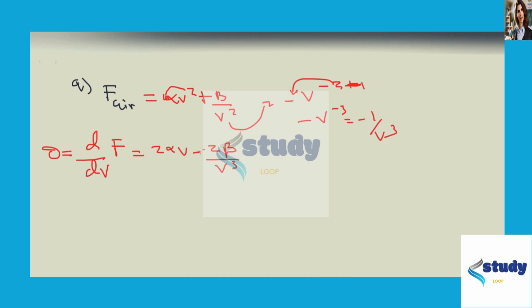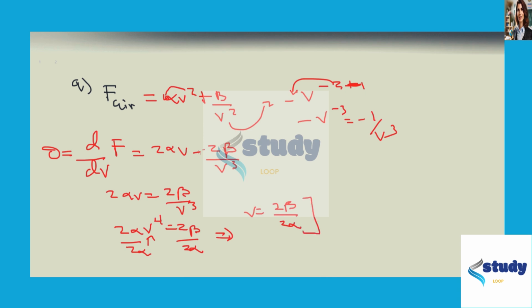And so we have 2 alpha v equals 2 beta over v cubed. Cross multiply both sides by v cubed. We get 2 alpha v to the 4th power equals 2 beta. And we want to solve for v, so we have to divide both sides by 2 alpha. And so v happens to be 2 beta over 2 alpha, raised to 1/4. Now, the reason why we are interested in the maximum speed is because the maximum speed gives us the maximum range.